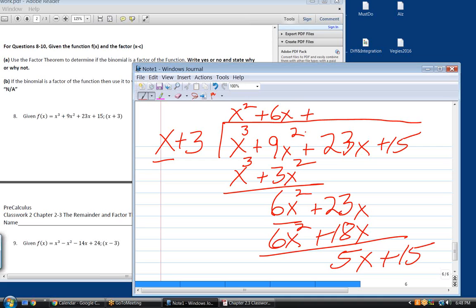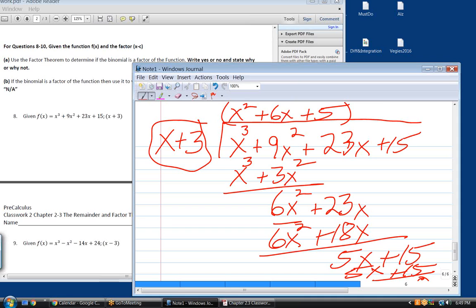What goes up here now? 5. Correct. And now when I multiply it back together again and subtract, I get 0 remainder. That tells me that that is a factor of that. In other words, x plus 3 times that quadratic gives you this cubic.